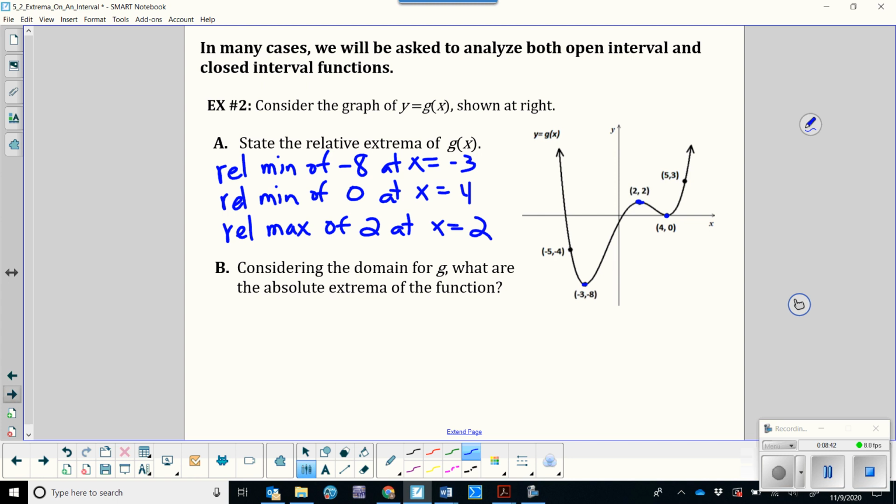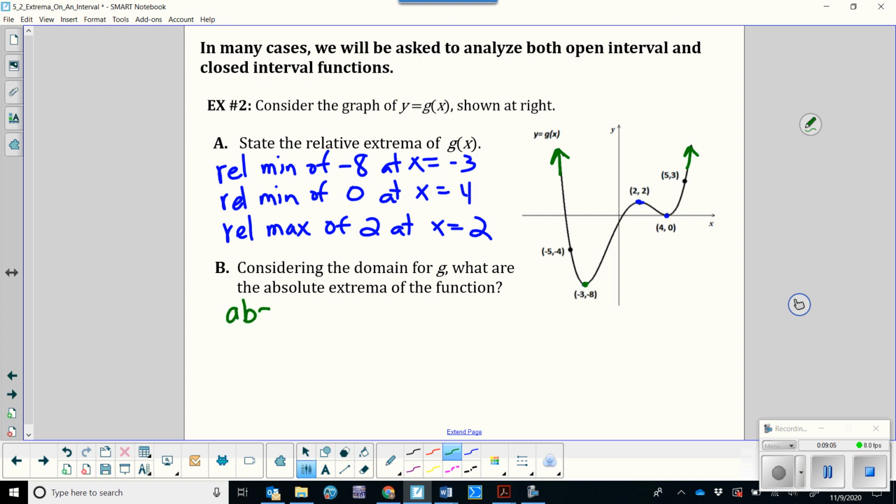Then it says, considering the entire domain for g, what are the absolute extrema of the function? So looking at this graph, we can see that we definitely have a minimum value. That's the smallest value, -8. But because this goes up on both ends, there can't be a maximum, because we're talking about over the whole domain.